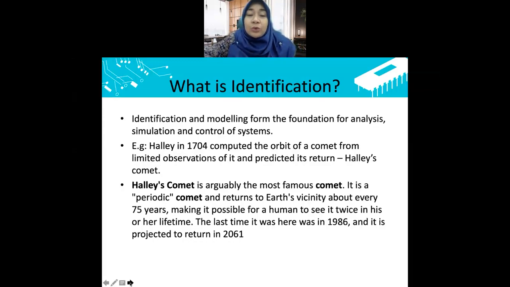How do they predict? It's actually quite a miracle that back in 1704 they could predict by utilizing very limited technology. But now we can predict more. We have been predicting a lot of things. For example, do you know about Planet X?